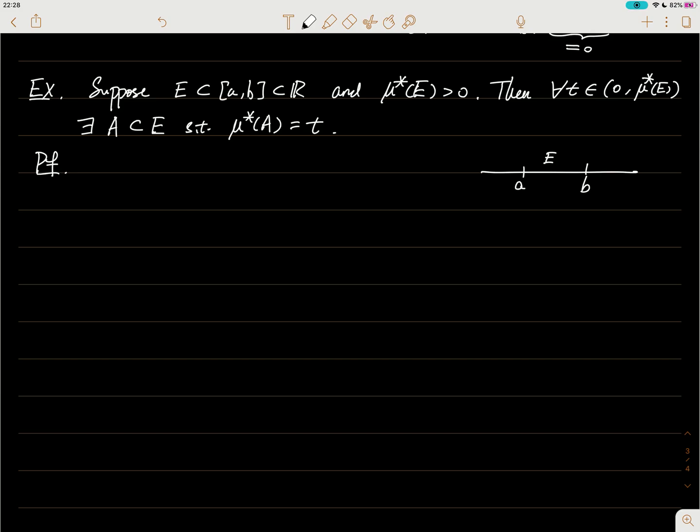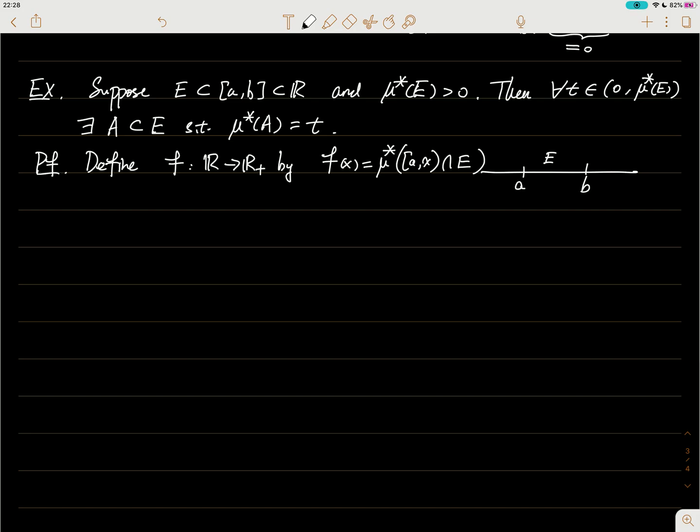So now I'm going to define a function f from R to R by, for every given x, f of x is the mu star of the half-closed, half-open interval [a,x) intersected with E. So you can see that f is a mapping from R to R, actually from R to R plus, because the outer measure must be non-negative.